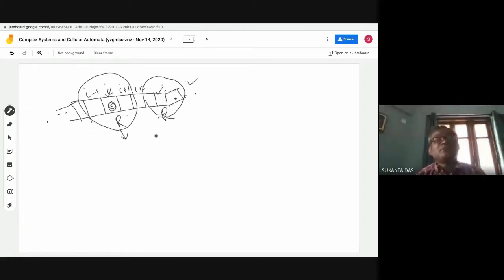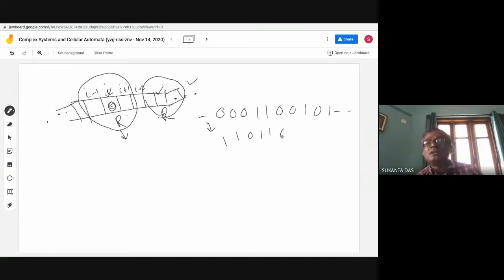And what is the meaning of synchronicity? See, all the cells are updated simultaneously. So for example, if a configuration is like this 0 0 0 1 1 0 0 1 0 0, etc., then when you find the next configuration, for example 1 1 0 1 1, etc., how can we find it out?